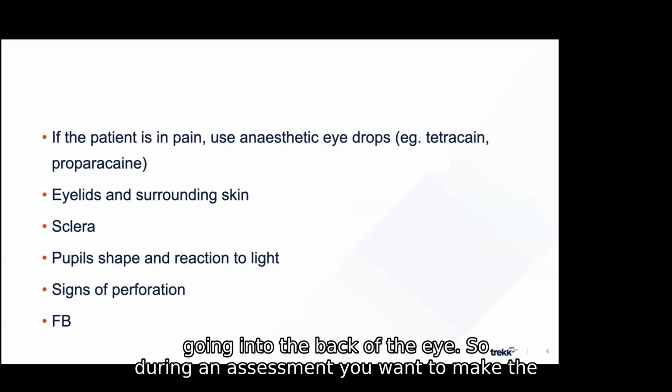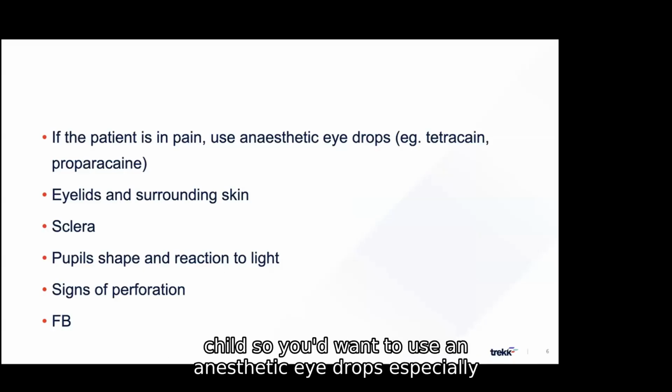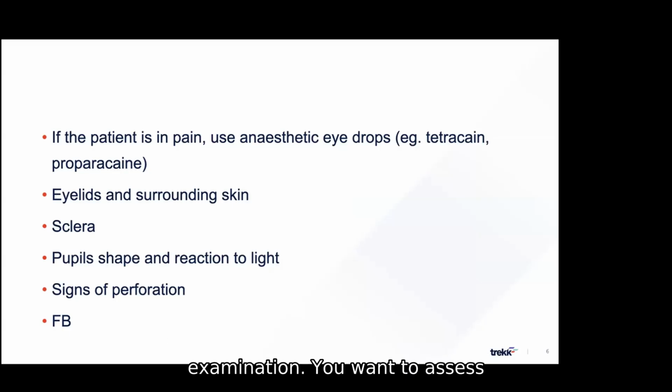So during an assessment, you want to make the patient as comfortable as possible, especially since you're dealing with a child. So you'd want to use anesthetic eye drops, especially if a patient comes in with an eye trauma, to help relieve the pain and ease your examination.